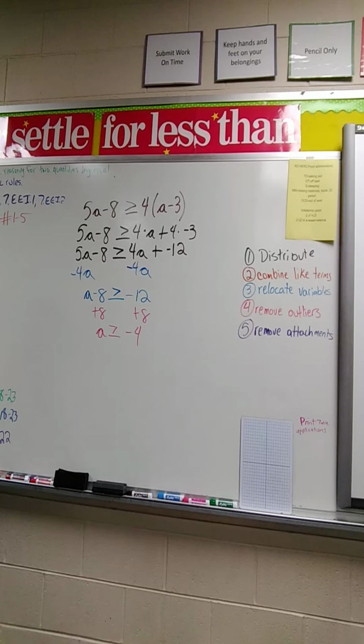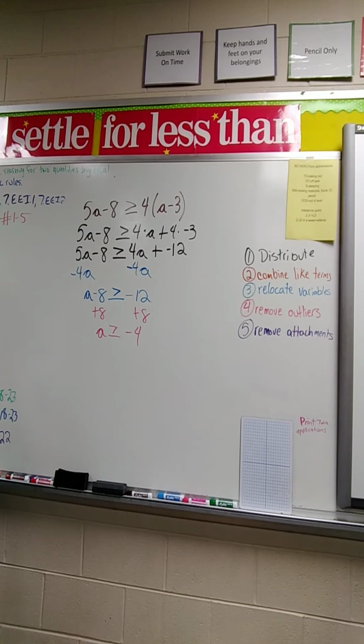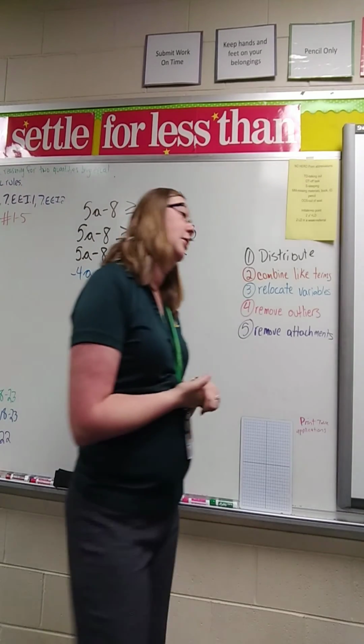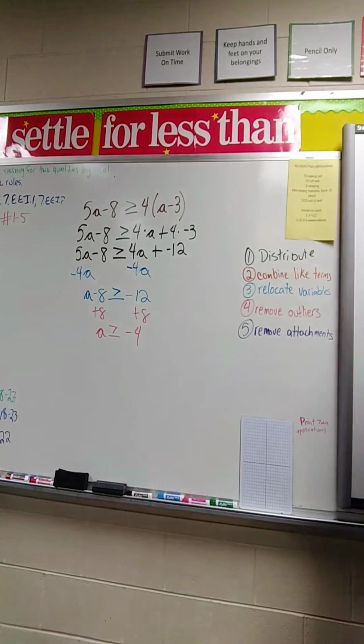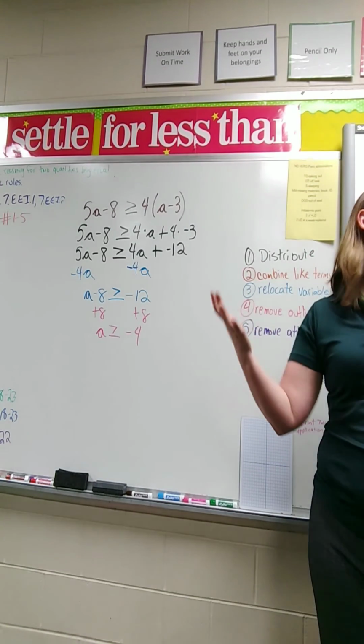Now, with inequalities, is it likely or possible at all that you would be asked to graph the solution set? Yes. And graphing the solution set means what? Number line. We're going to put it on a number line.